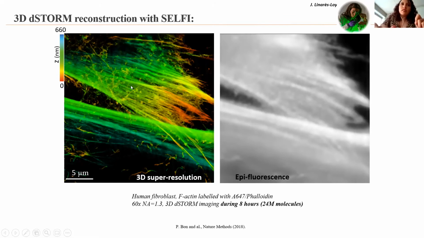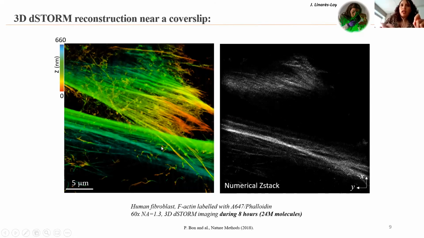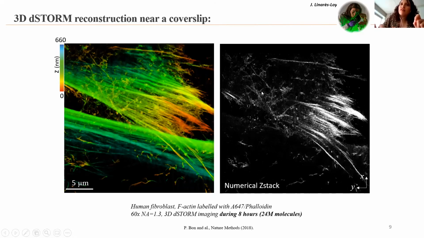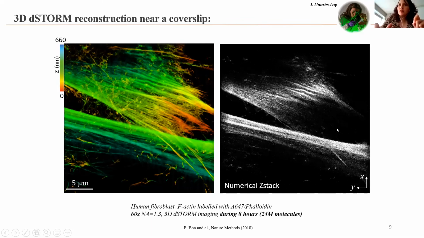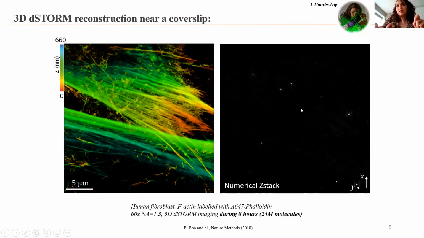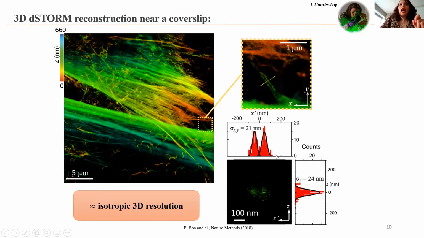Here the color represents the axial position of the filaments. And here we can see how the filaments distribute in depth. The precision that we can obtain is around 20 nanometers for X, Y, and Z. Therefore, we can conclude that the resolution is more or less isotropic in the 3 dimensions.